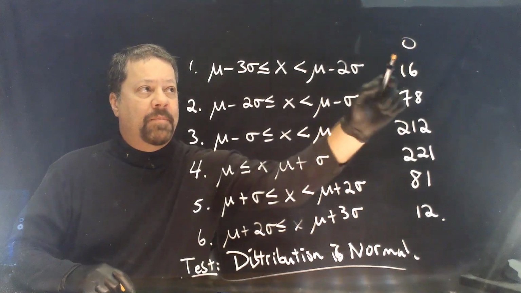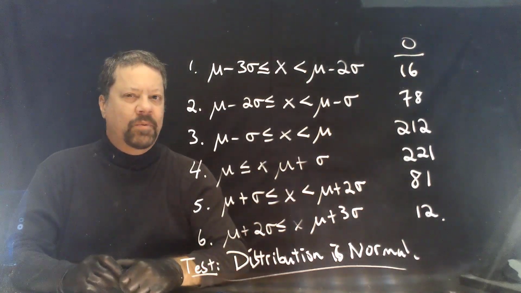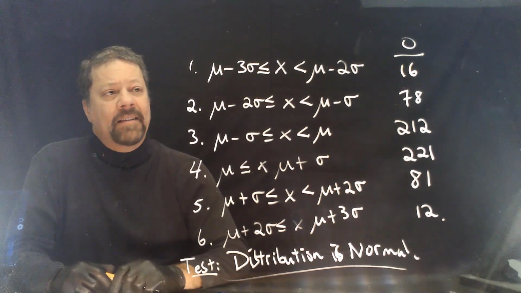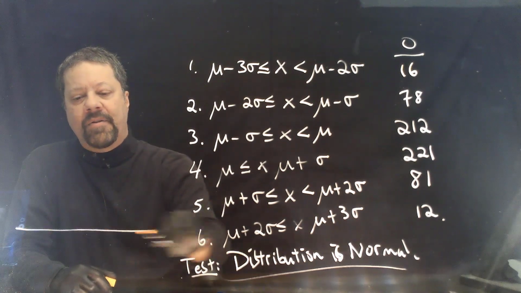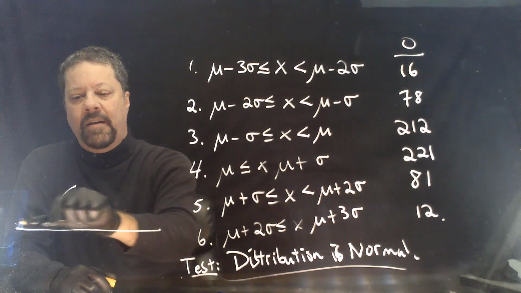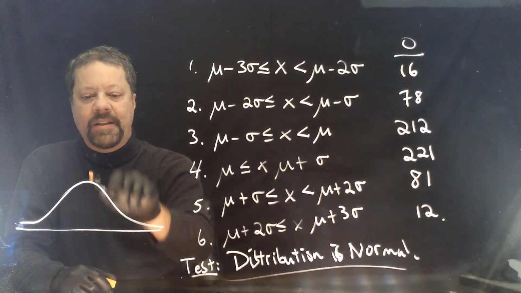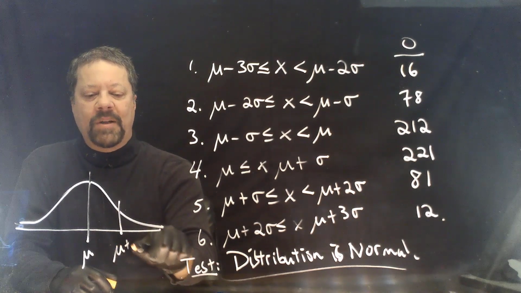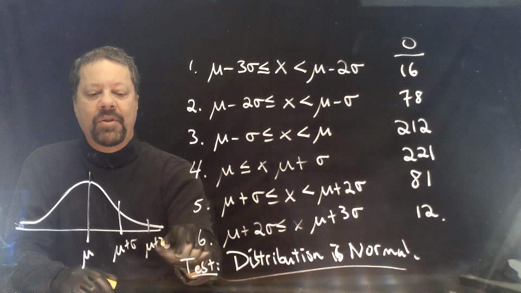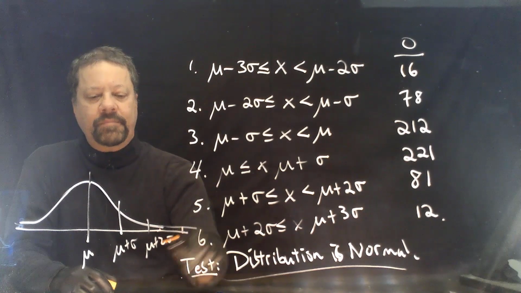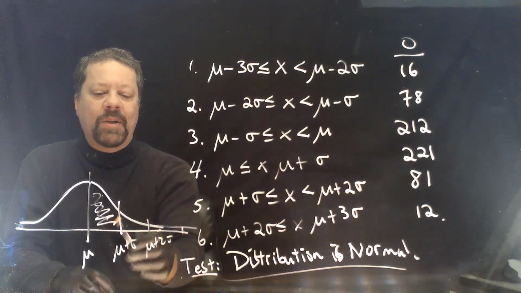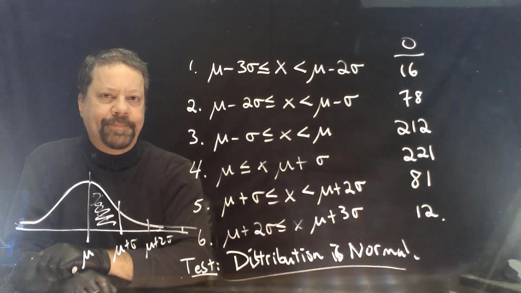So these are observed. What we need are the expected. The way that we're going to do that is we're going to find the area under the normal curve with these different regions. Between the mean and the mean plus 1 standard deviation, we'll get an area.